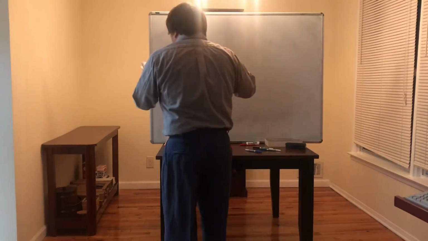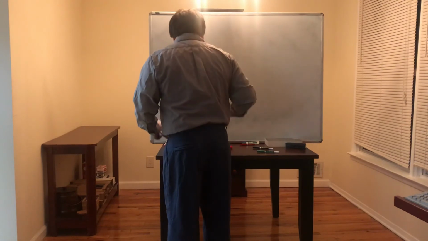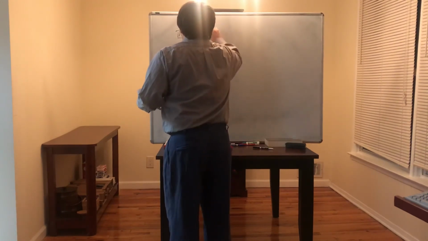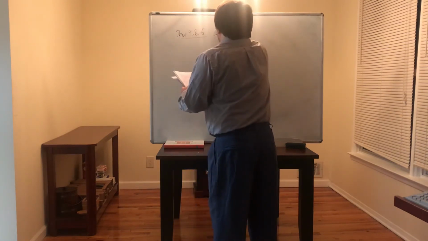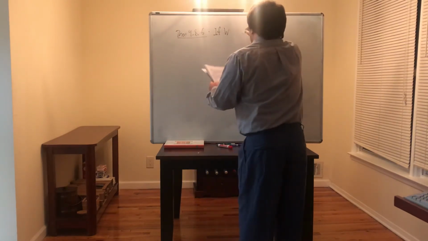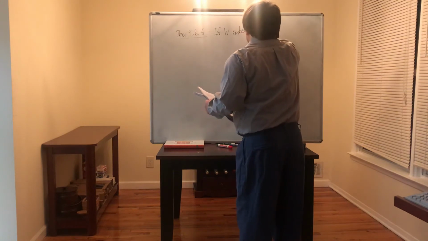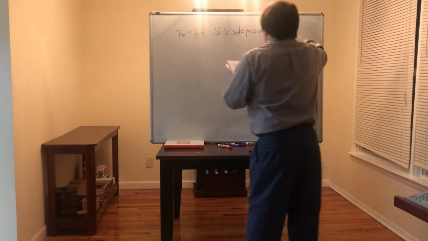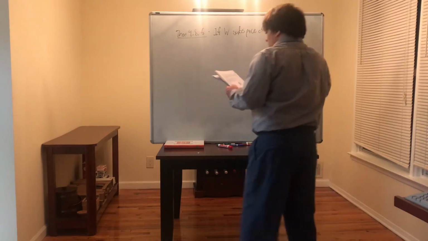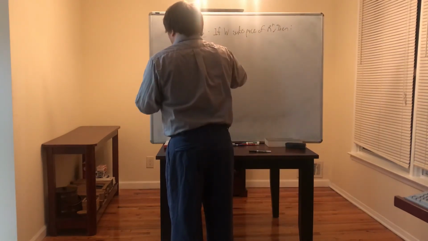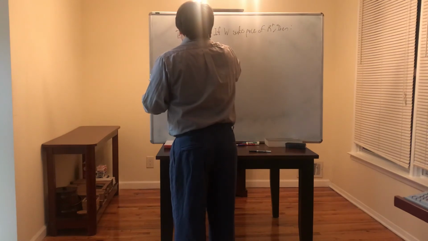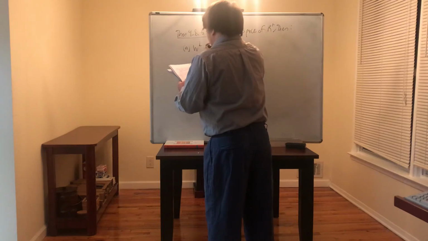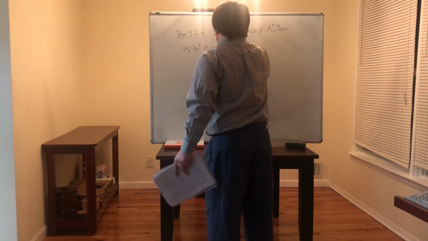So theorem 4.8.6. If W is a subspace of Rn, then A, the orthogonal complement of W, we're using this notation from the definition, is a subspace of Rn.